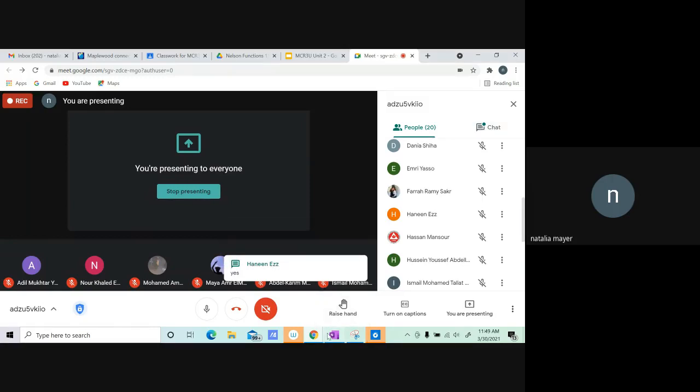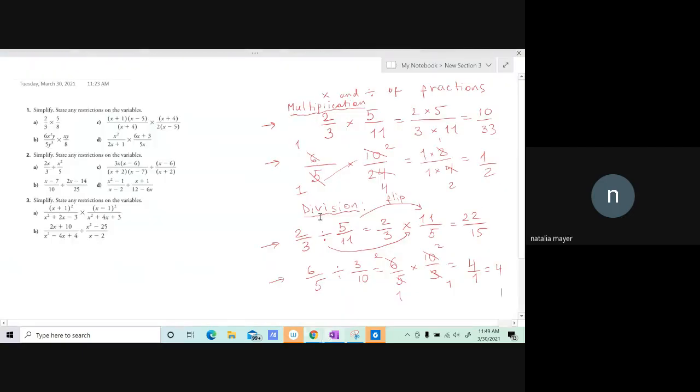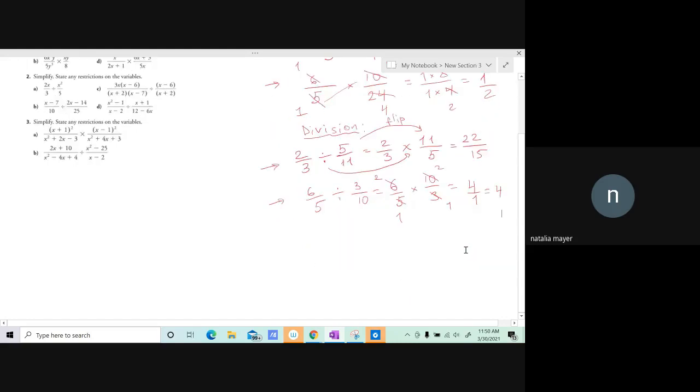Right, let's start. Okay, I'll keep it here because you know that I post solutions afterwards. So this is the range of questions. Miss Hanin replied in the chat. Yeah, I saw it. Okay, so guys, we're going to do 3. In 3, we have one multiplication, one division. So we'll do each example in a detailed way with the steps.